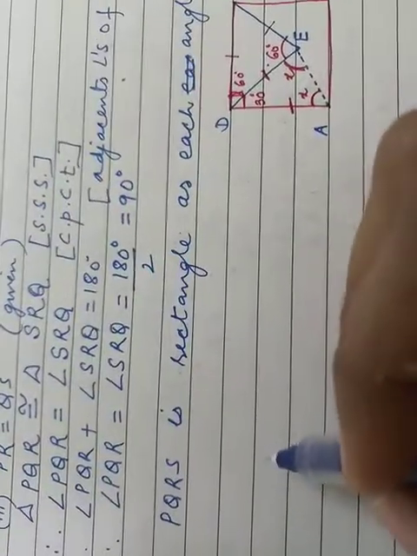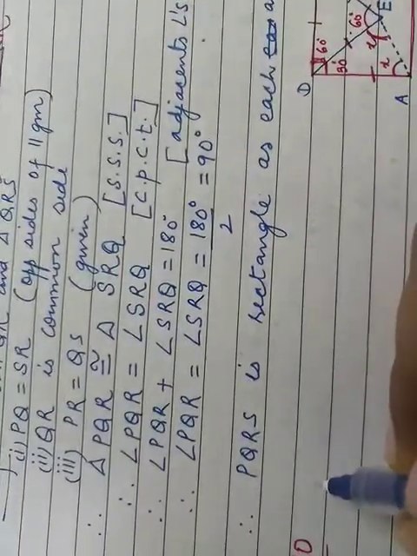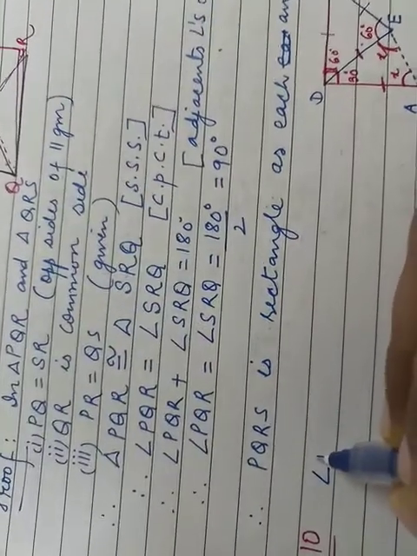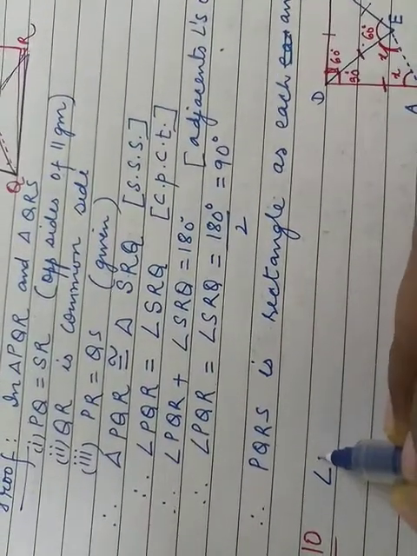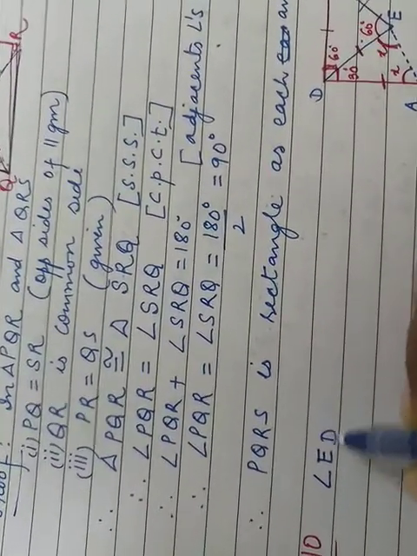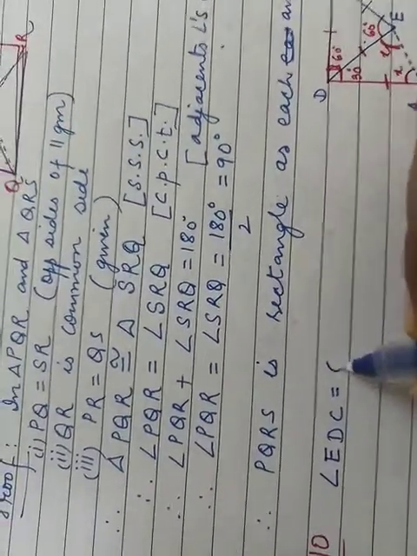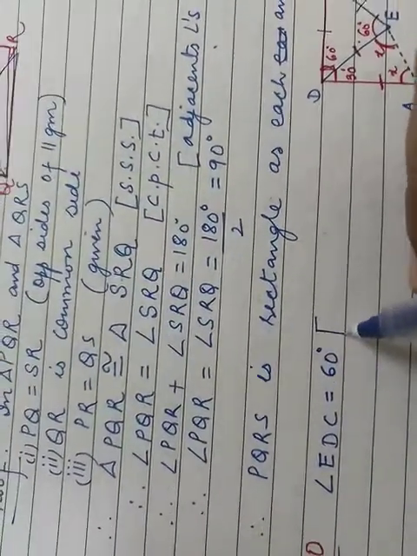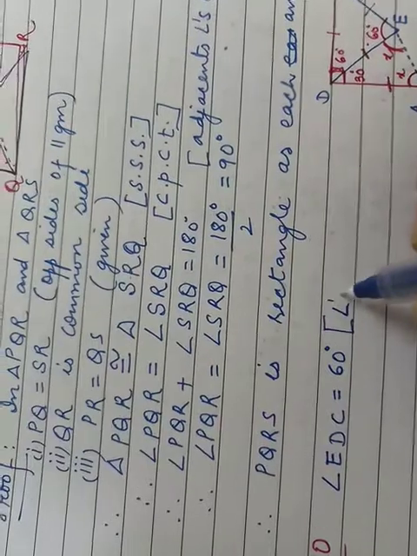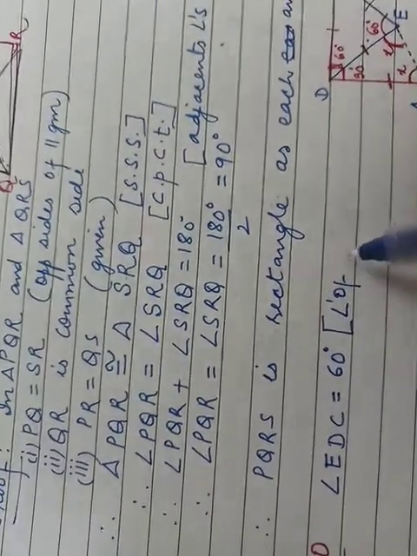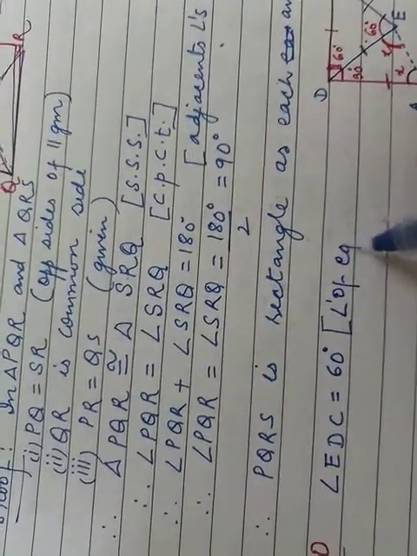So how are we going to write the solution? First we will write: angle EDC is equal to 60 degree, angle of equilateral triangle.